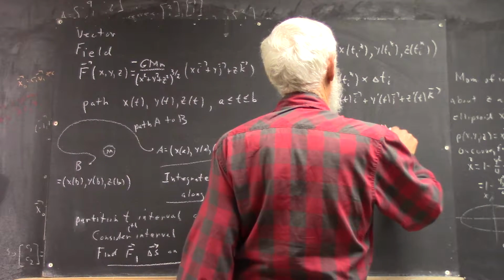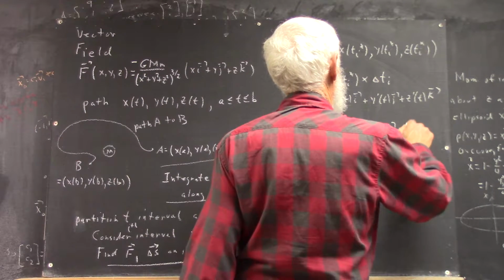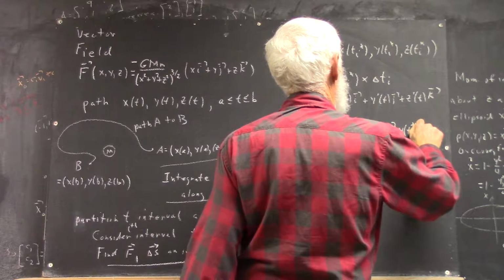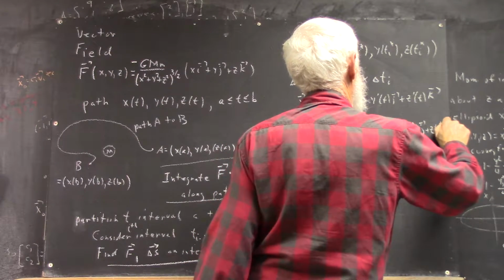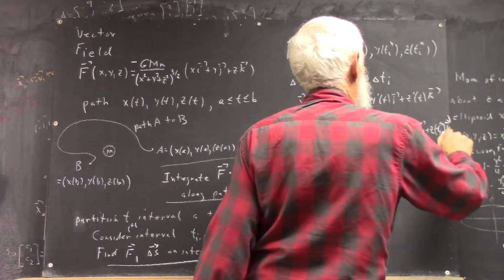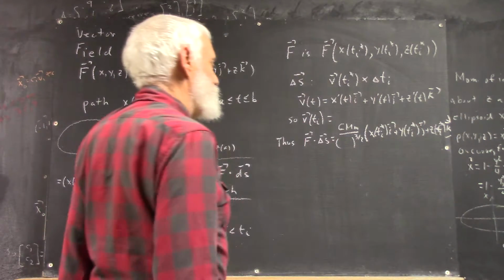So it's x of t_i star i plus y of t_i star j plus z of t_i star k.